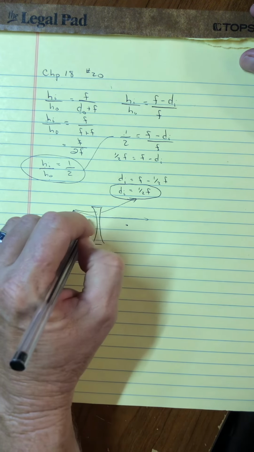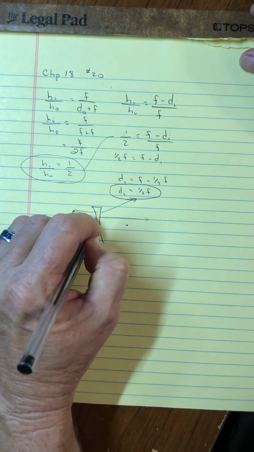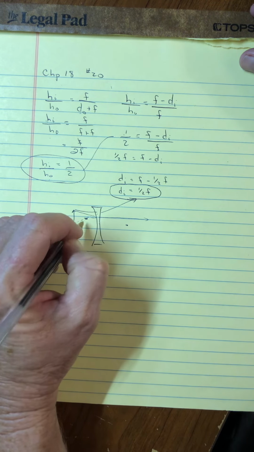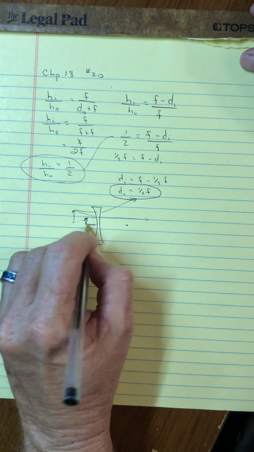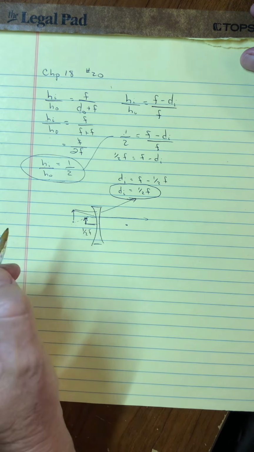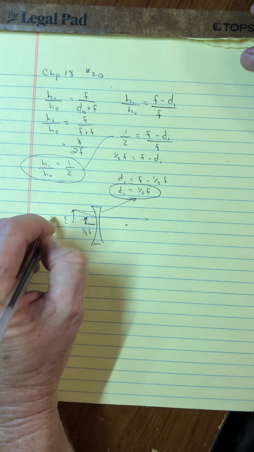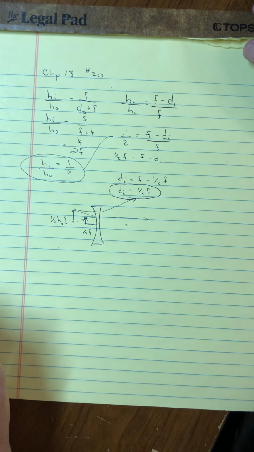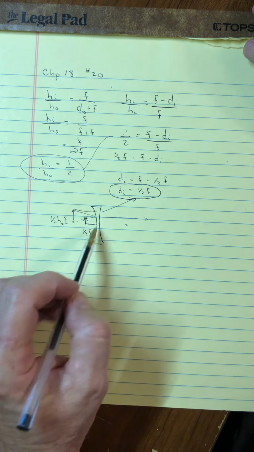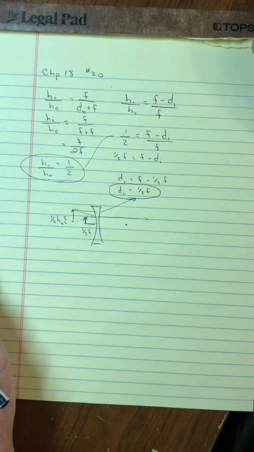And so these two would appear to have originated from about right here. And so there it is, half the focal length and half the size. Magnification is half, and it's at a distance of 1/2 the focal length.